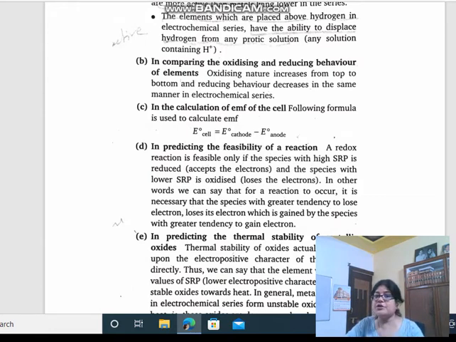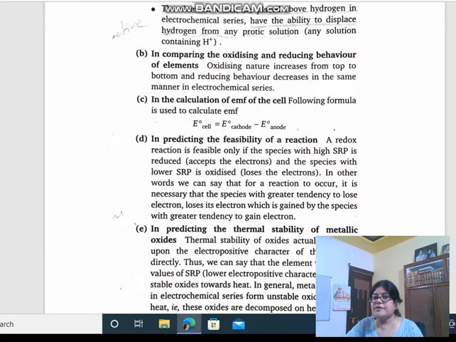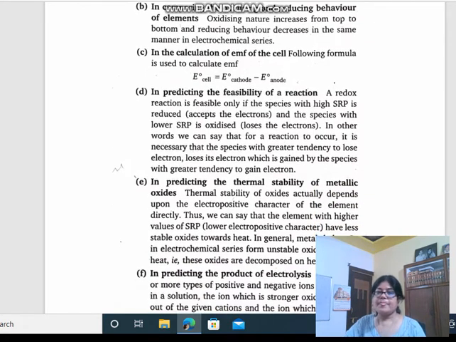Now in the calculation of EMF, how can we find the EMF? We just subtract the two electrode potentials which are given in the series and we get the EMF, the value of EMF of the cell. Now in predicting the feasibility of the reaction, feasibility of reaction means whether the reaction will happen or not.